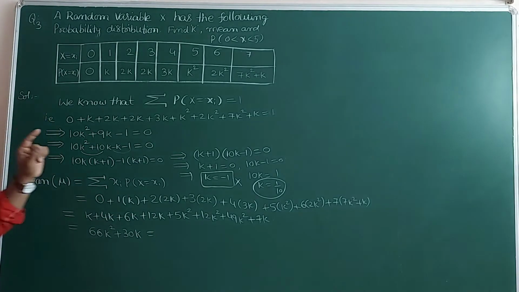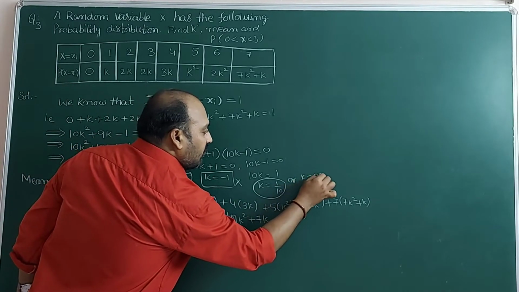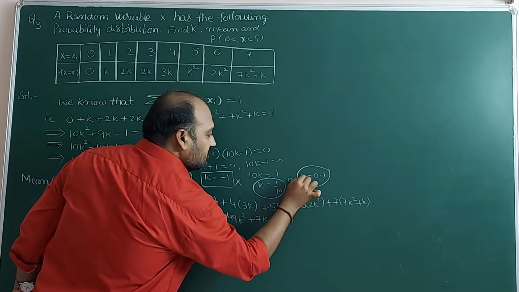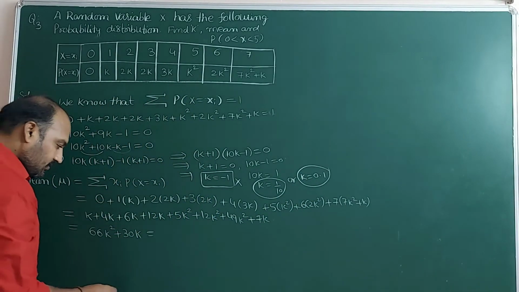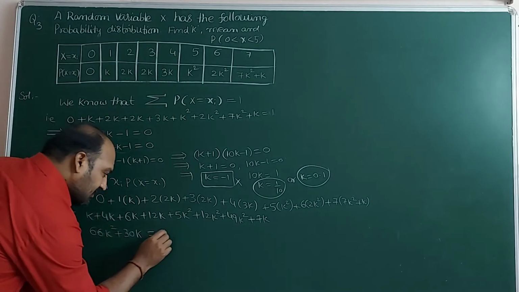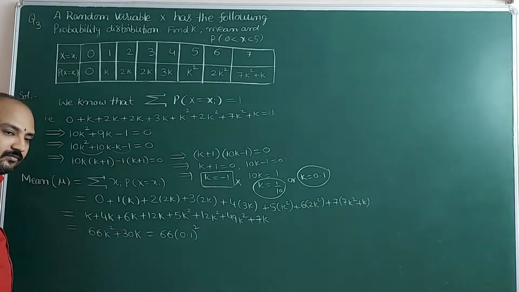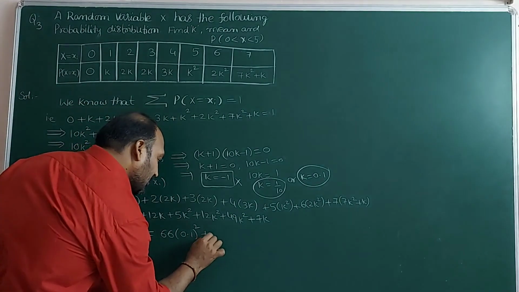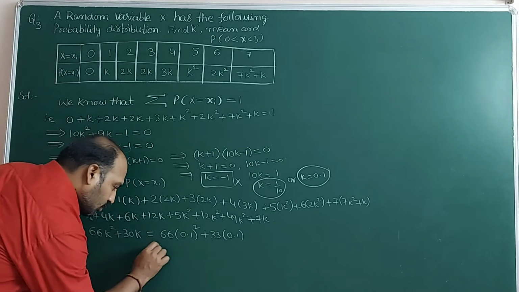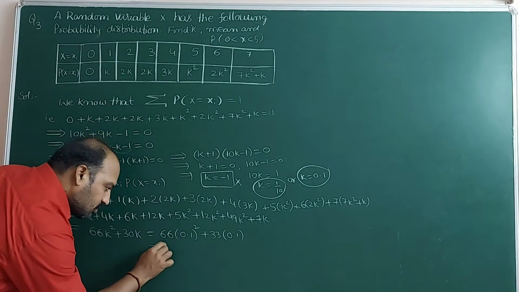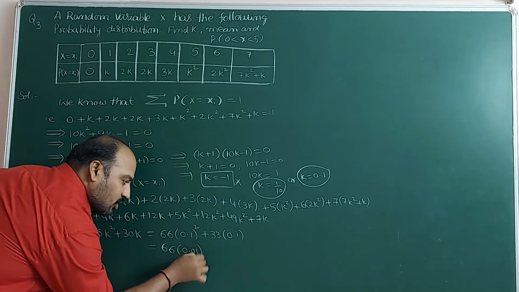Now k equal to 1 by 10 or k is equal to 0.1, both are the same. Better to substitute 0.1. So 66 into 0.1 whole square plus 30 into 0.1. 0.1 whole square means 0.01.